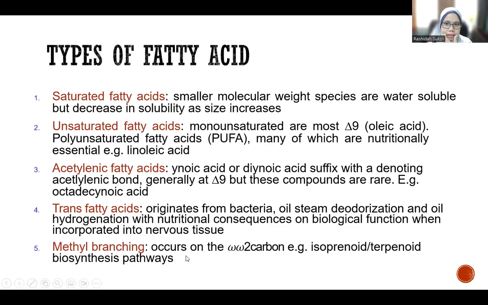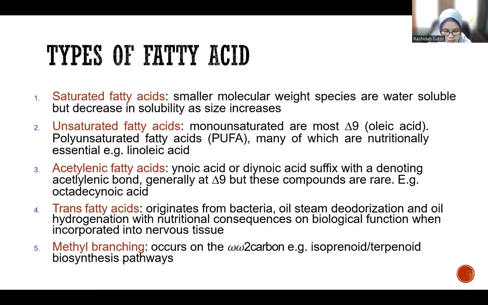Just now we were talking about how these fatty acids are more linear, right? But there are cases where the methyl group will form a branch. Branch meaning either they go up or they go down if you see it in 2D, but in 3D, it will go at the back or at the front.